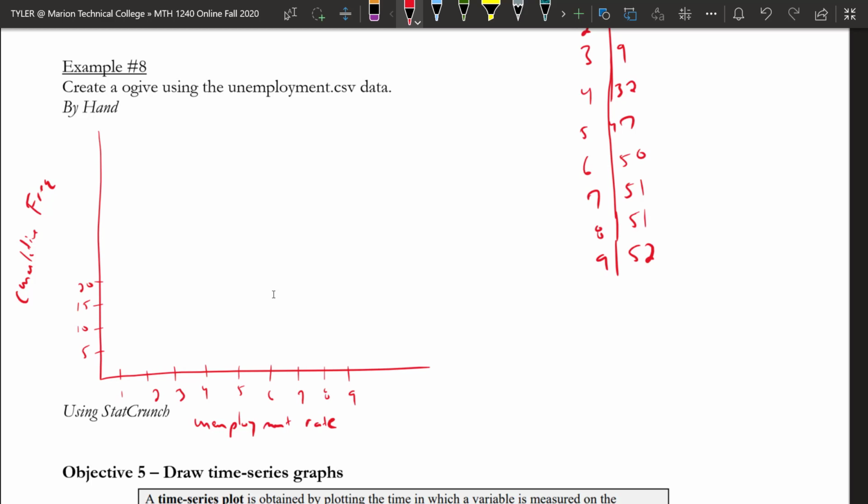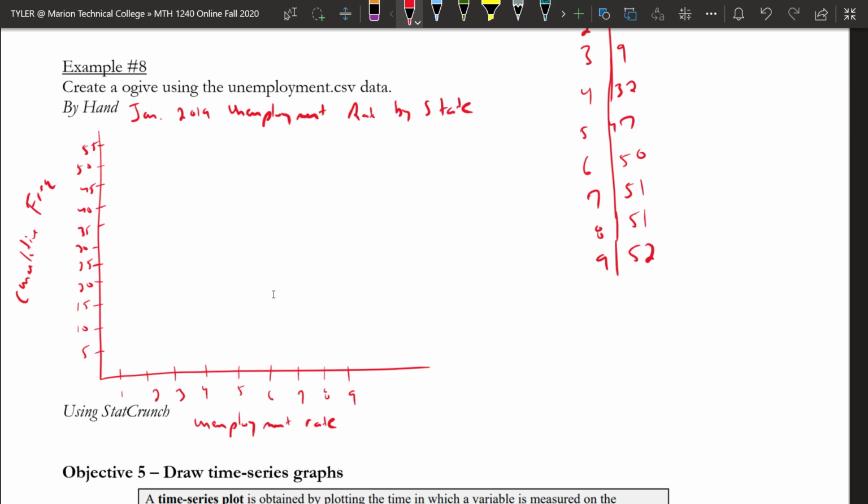We need to go up to roughly 50, 55. So 30, 35, 40, 45, 50, 55. And then if you want to give a title, we could say January 2019 unemployment rate by state.